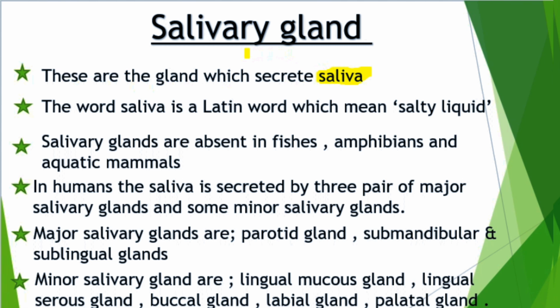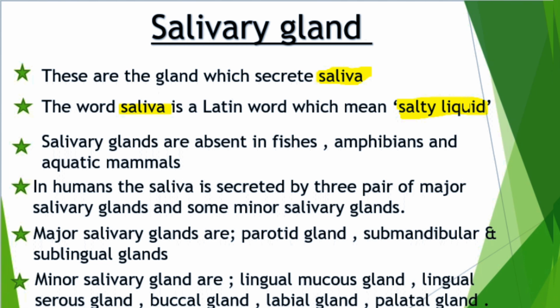Why is this gland called the salivary gland? The word saliva is a Latin word, which means salty liquid. That's why this gland is called the salivary gland, because it secretes a salty liquid.